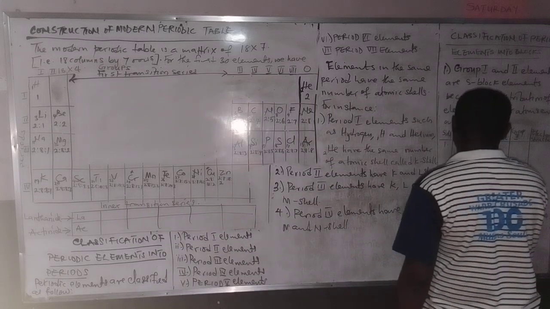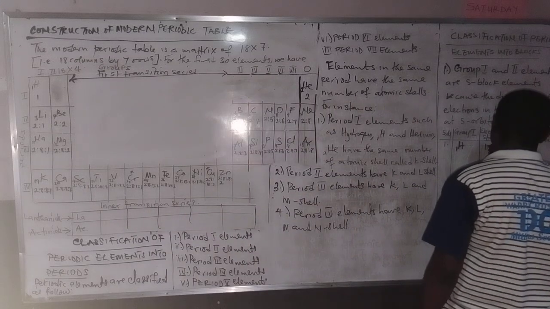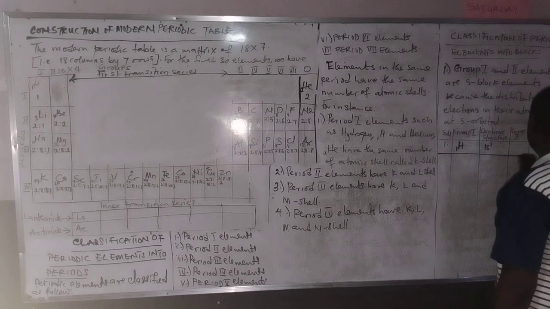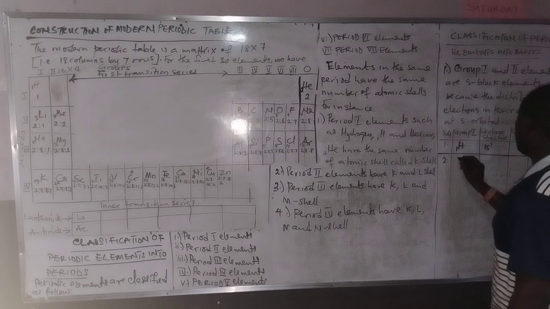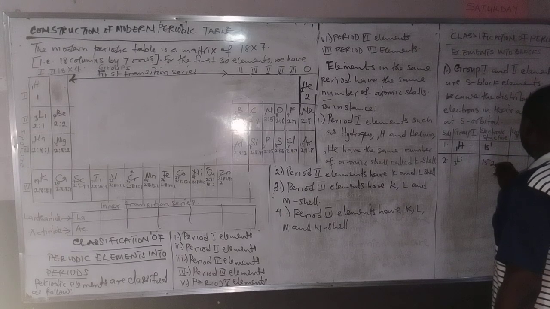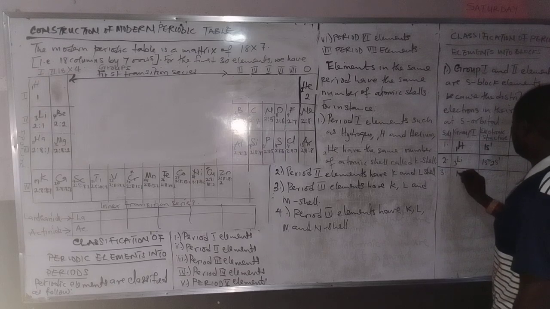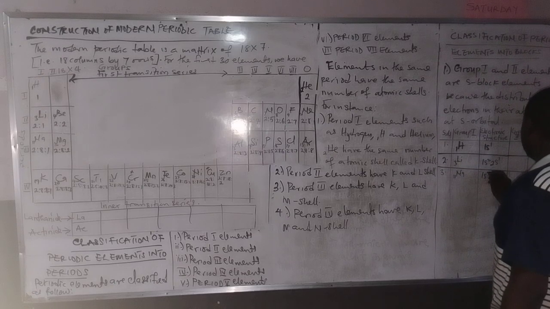Hydrogen is in group 1, hydrogen H1, configuration is 1s1. The next one is lithium 3, which is 1s2, 2s1. Then number 3, sodium 11: 1s2, 2s2, 2p6, 3s1.